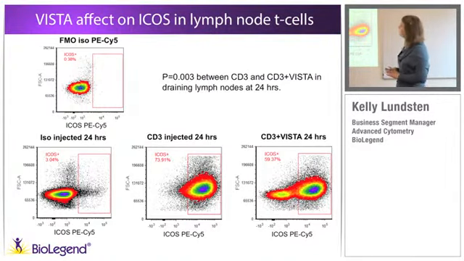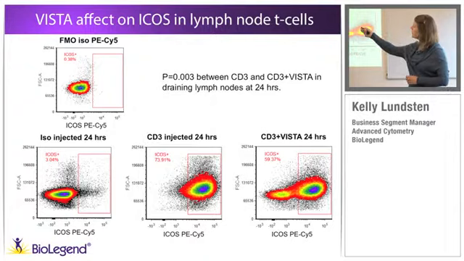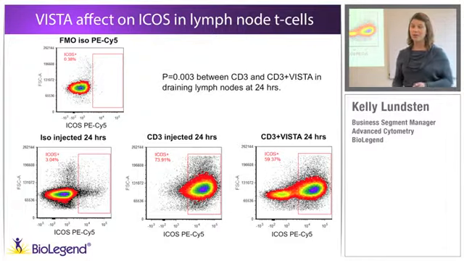Okay, so the VISTA absolutely had a statistical effect on ICOS in the lymph nodes. When we're looking at the FMO again for these lymph node cells, it was quite clean. With my isotype control, again, at 24 hours, you see this basal level of ICOS expression. At 24 hours with CD3 injection, it's 74%. It was so strong.